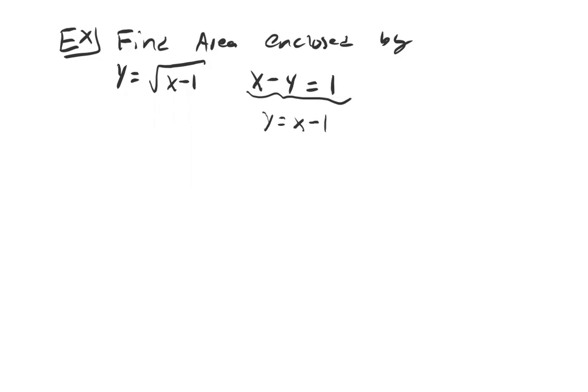So if I want to do this problem, I'm going to take a look at the graph. So I have square root of x minus 1, so it is the square root of x shifted 1 to the right. It's going to look something like this. And then the line x minus 1, so that's either shifted to the right one or down one.